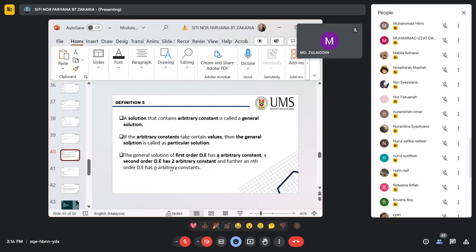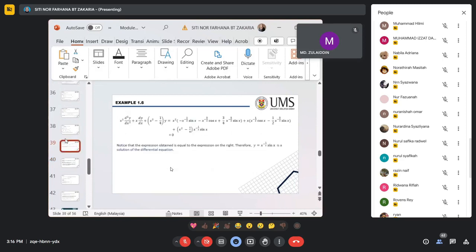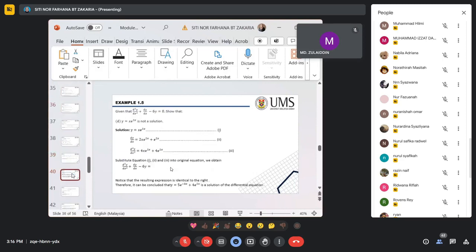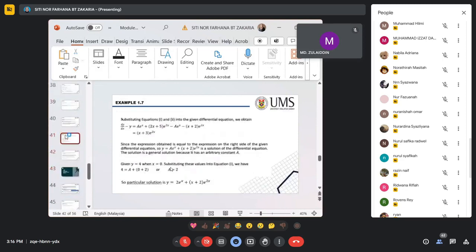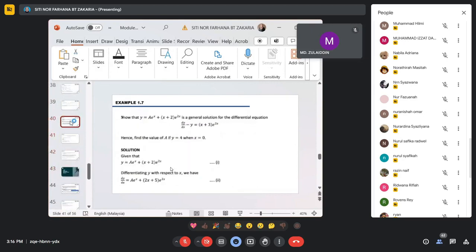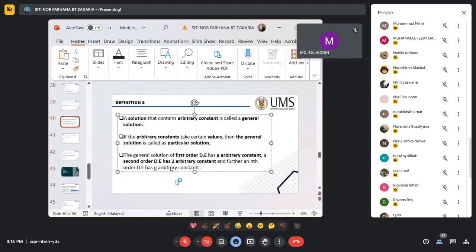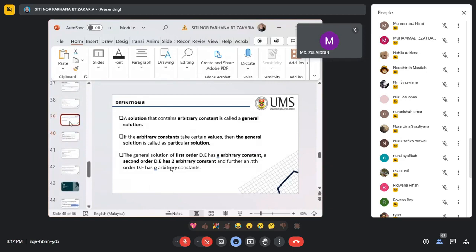Okay, so what is general solution? General solution adalah solution yang ada arbitrary constant. For example, tadi saya kata y equals to mx plus c is a solution for DE, right? So kalau general solution, dia akan ada arbitrary constant dalam dia.